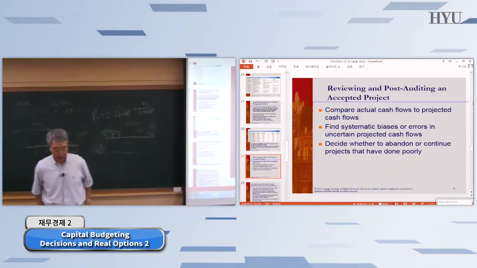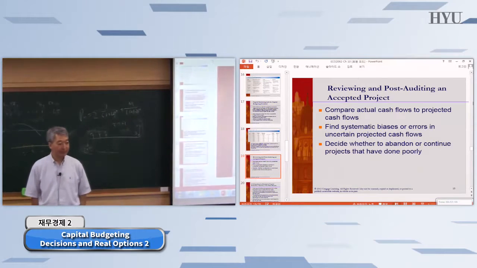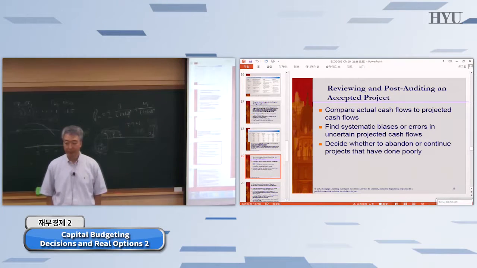Why not unsystematic bias? Do you need to worry about unsystematic bias or error? It's not like you can account for something unsystematic in the future anyway. That's right. So that's the reason why they say systematic here.